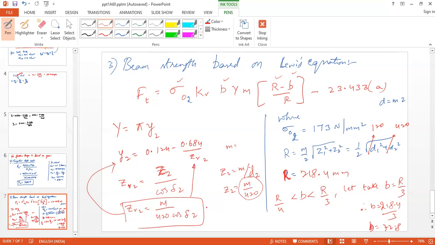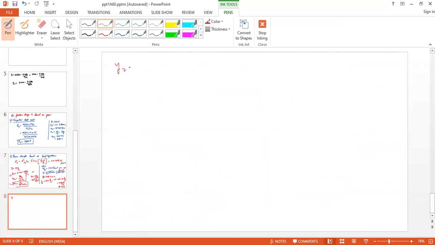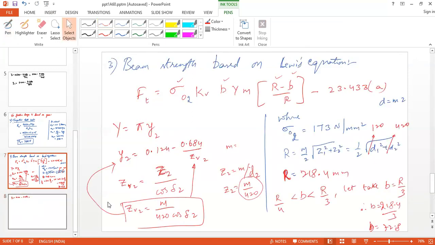So that is Y2 is 0.124 minus 0.684 into 420 cos delta 2 by m. Here m is equal to d by z, or d is equal to mz.